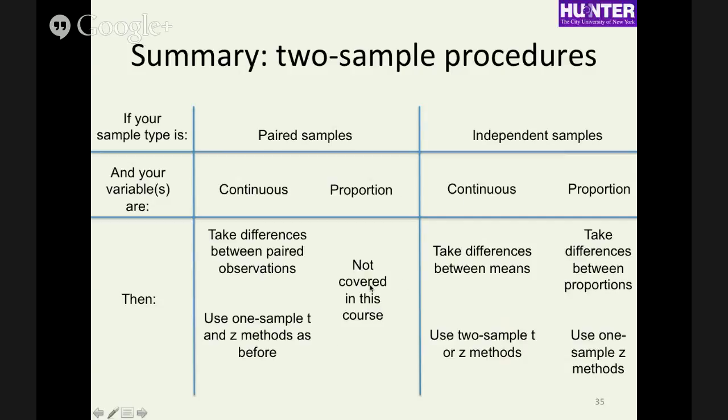There are some other tests for so-called difference of differences for individuals. But for independent samples, it's either your T or Z 2 sample tests, or using the Z test for a single sample, or using the Z method that we just covered today for proportions.